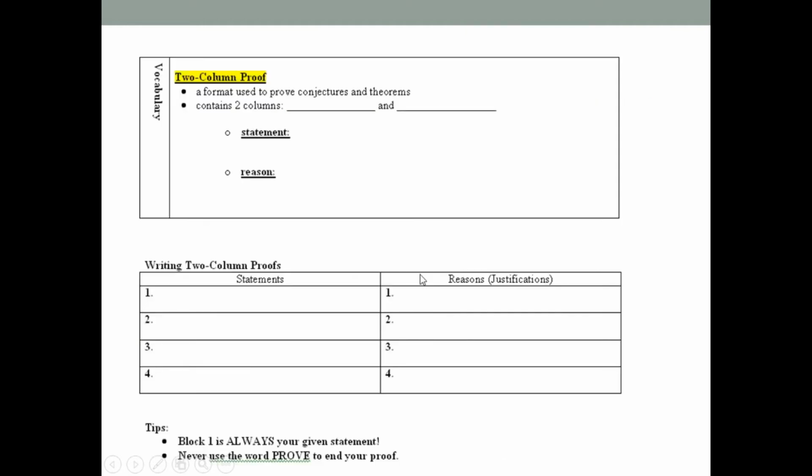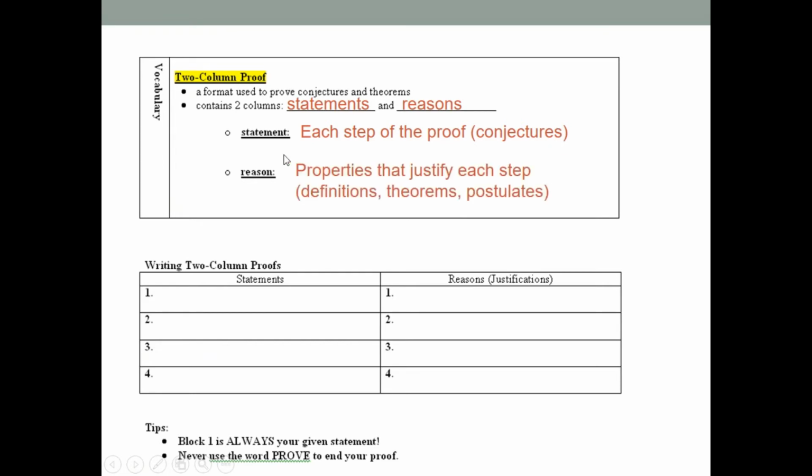We will use this format to write our proofs this semester, a two-column proof. A two-column proof has a column of statements and a column of reasons or justifications. A statement is each step of the proof, so the different conjectures you make along the way. And the reasons are the things that allow us to justify each step: properties, definitions, theorems, postulates.